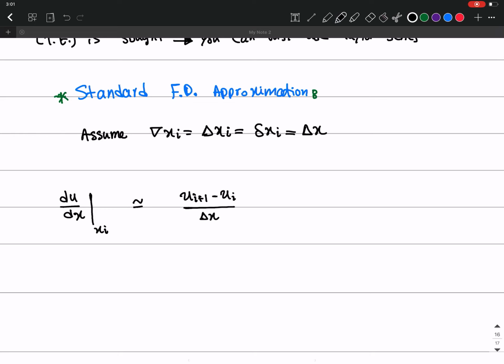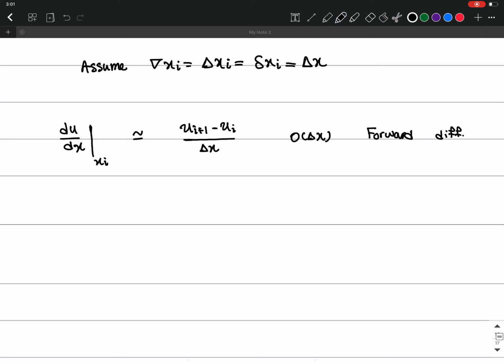This approximation is order delta x, and it is a forward difference, right? The other one we can have is ui minus ui minus 1 over delta x. This approximation is also order delta x, and this is a backward difference.